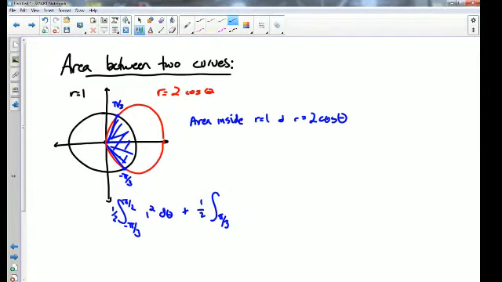So I get 1. What if I put pi over 2 in? I get 0. Okay, pi over 2 is here. And then this would be 2 pi over 3, right? Wouldn't it just be the same thing as already?